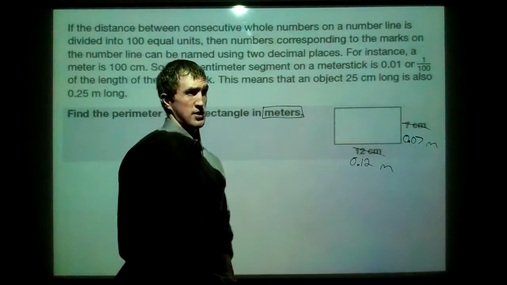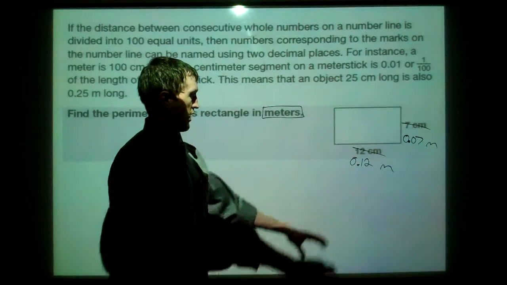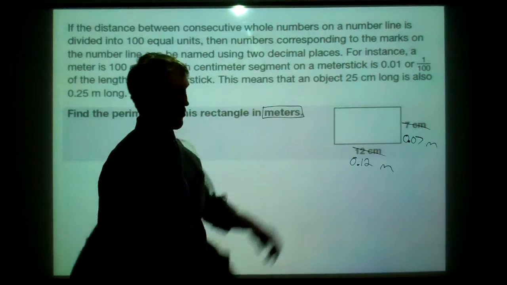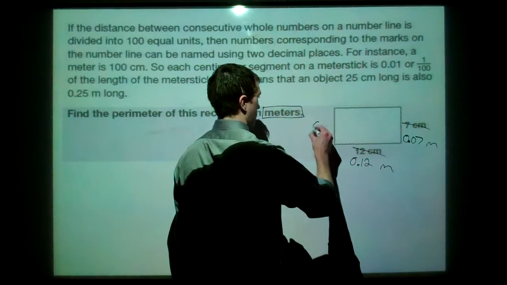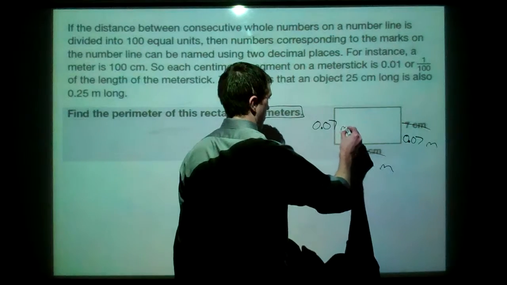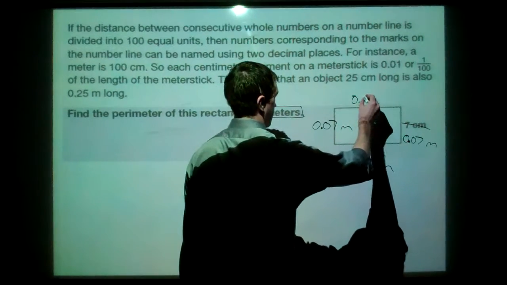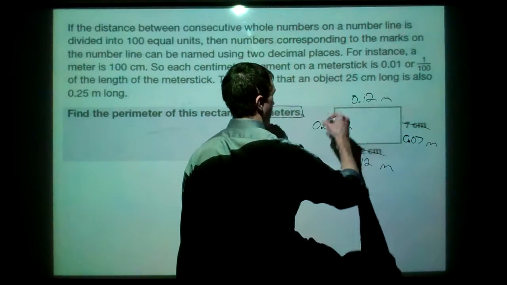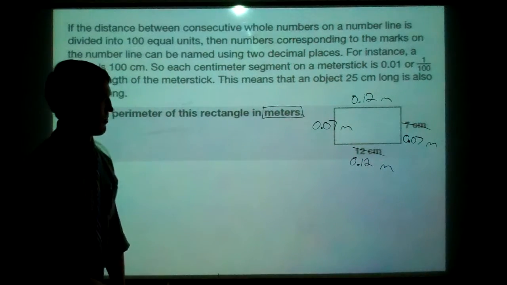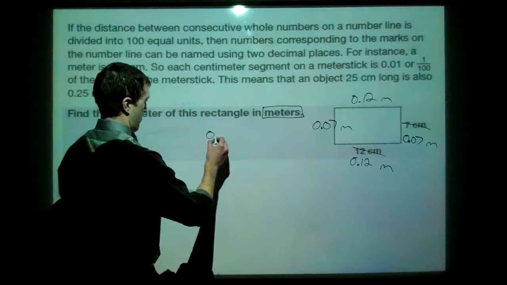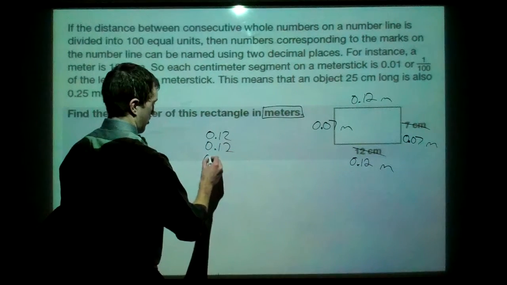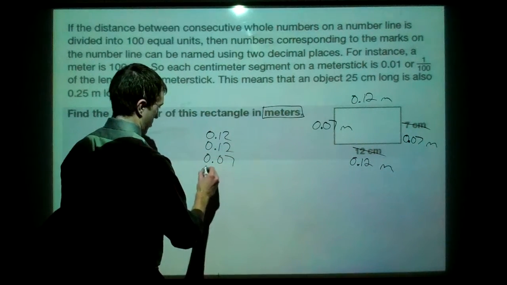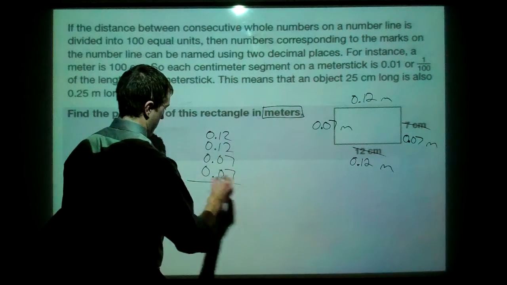And we have to be careful because sometimes students just like to add up the two sides, but this has 4 sides. It's a rectangle, which means this side is the same as this side. And this is the same as the opposite side. Alright, so if we add up all of those, we should get our perimeter. 0.07, 0.07.